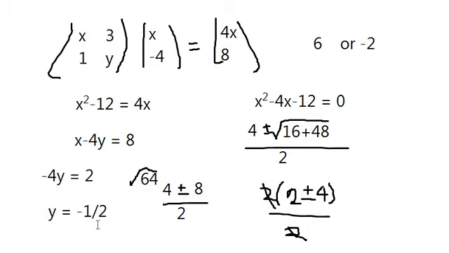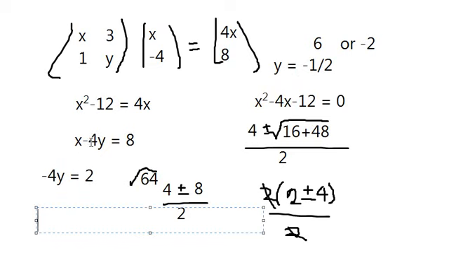Okay, so that is one solution of y. That is just one of them, and trust me, there is more to come. And if you put negative 2 into the equation, then we'll get that minus 4y equals 10.